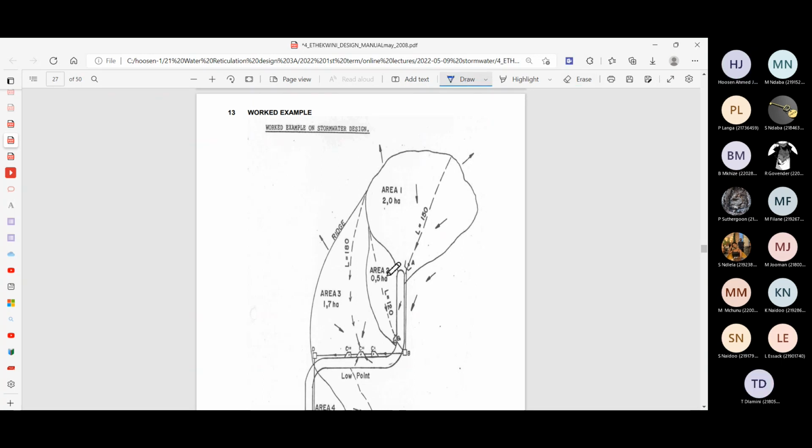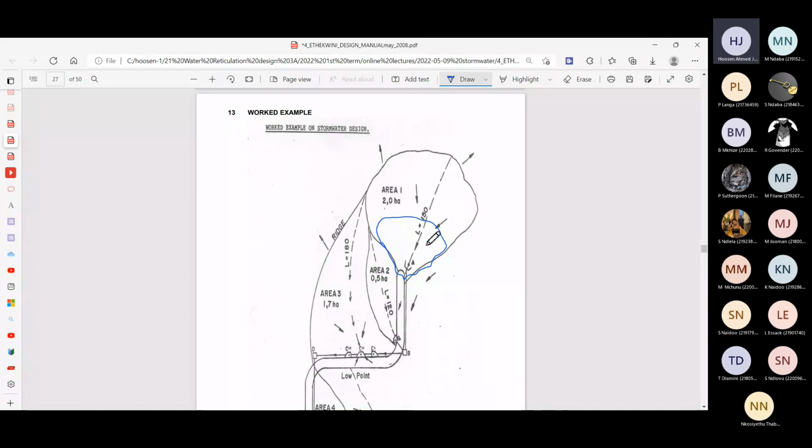Initially, when students are engaged in a design office, for example, if you have developed just that area there, what I've shown in blue, and you now have to design the stormwater reticulation for this area, it would be a common error where students would use this blue line as the catchment area, forgetting that the stormwater from the rest of the catchment would still flow through your development.